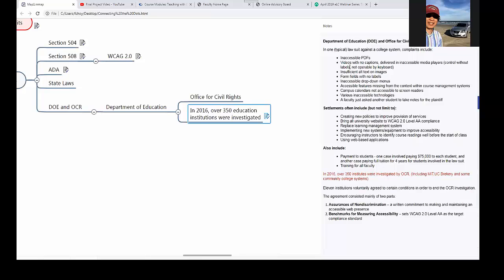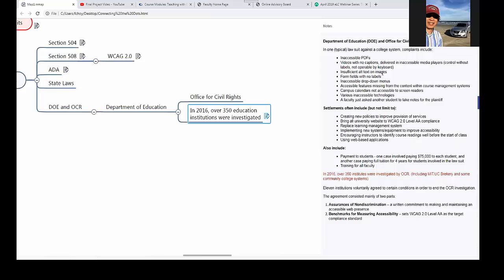Now, this is a typical one, just to give you some glimpse of what it can be or how you can get involved. One typical lawsuit against a college system, complaints include what? Inaccessible PDFs. Remember all these keywords. Videos with no captions, delivered in inaccessible media players. That means the controls without labels cannot be navigated back and forth by using a keyboard.